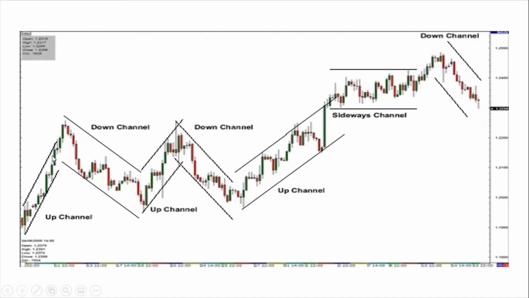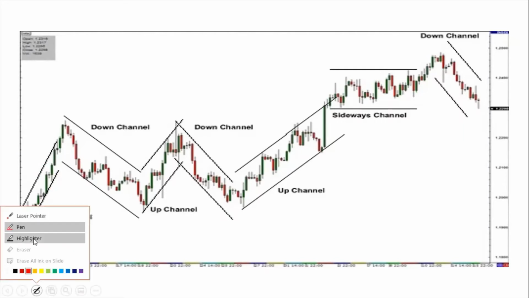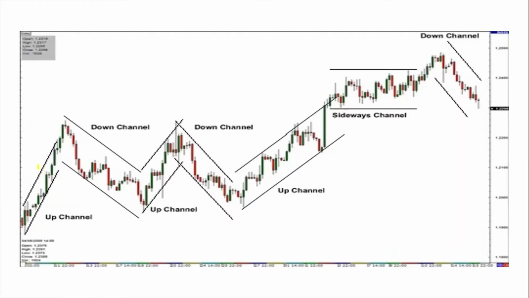With this channel, the line on the top will be acting as our resistance, and the line on the bottom will be acting as our support.